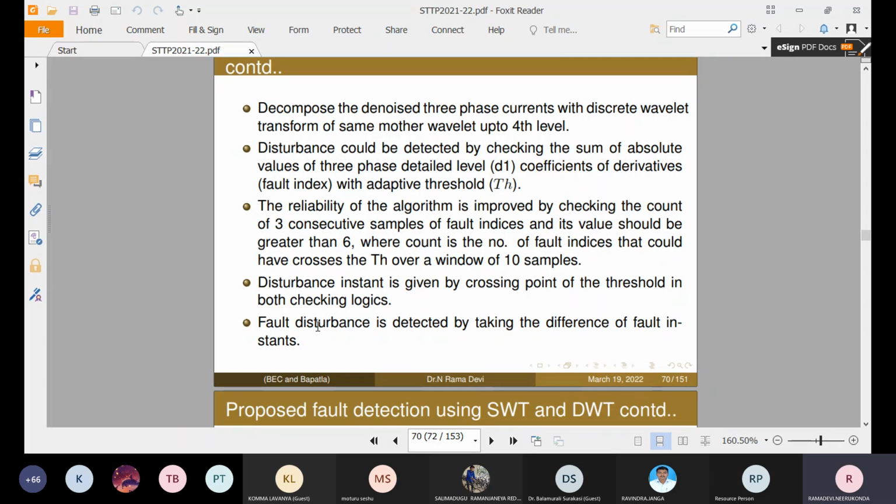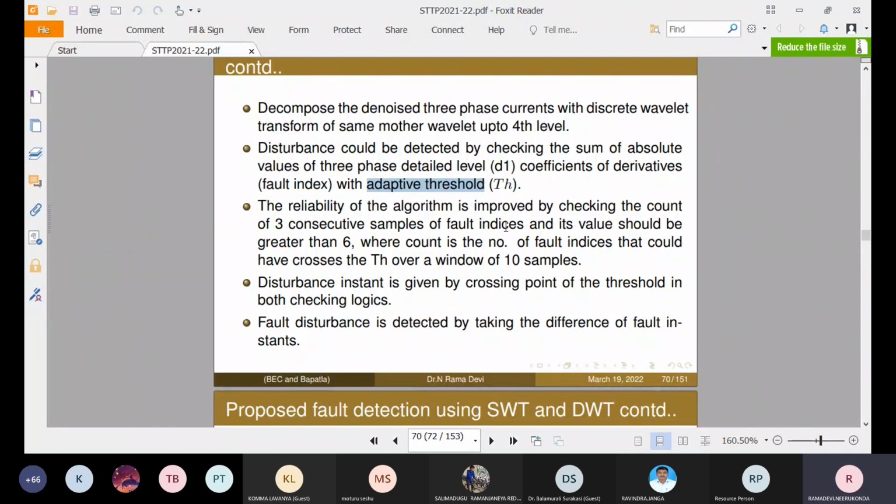So the algorithm is improved by incorporating this adaptive threshold scheme, and the reliability of the algorithm is improved by checking the count values of 3 consecutive samples. So what is this count? Count means, when the fault index value crosses the adaptive threshold, then the count gives 1.